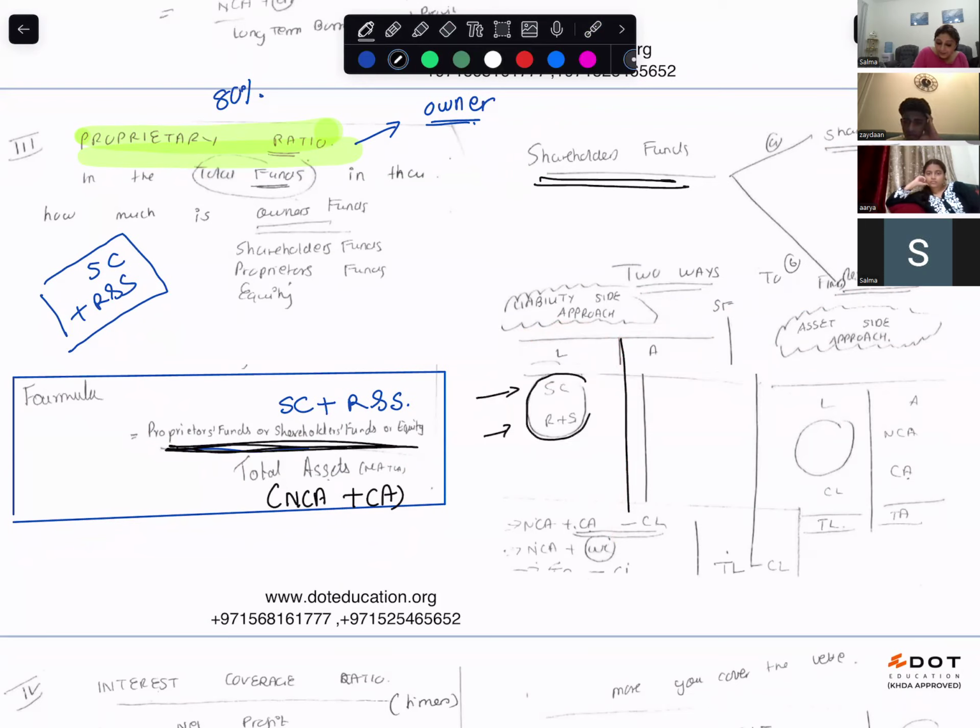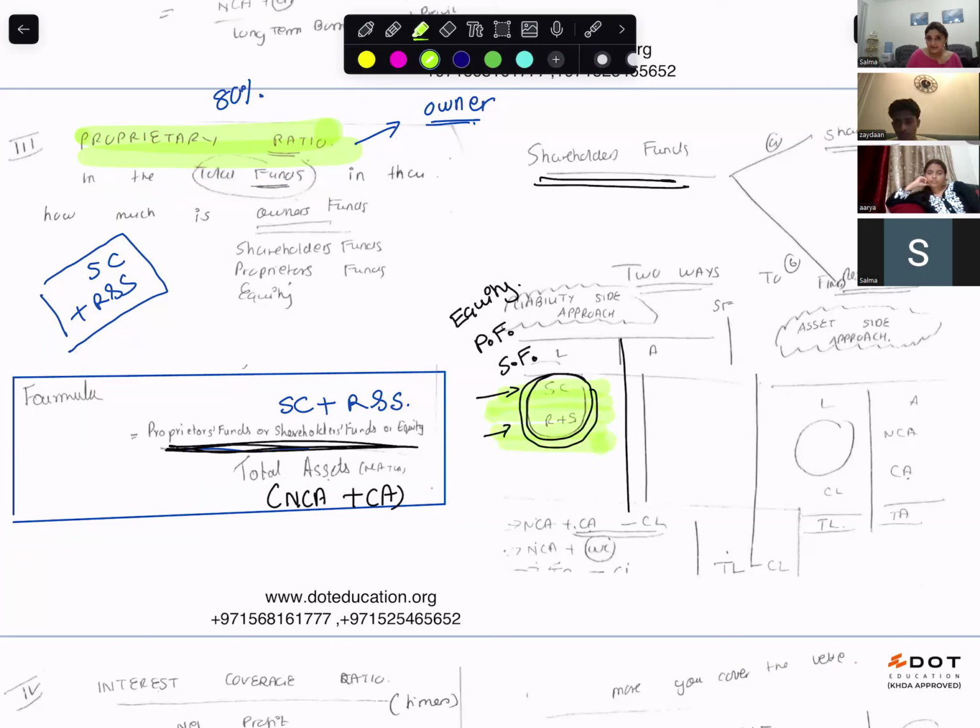When you add both of these, you will get shareholders funds, or I would say this is the proprietors funds, or your equity. Your main target is to arrive at this figure.